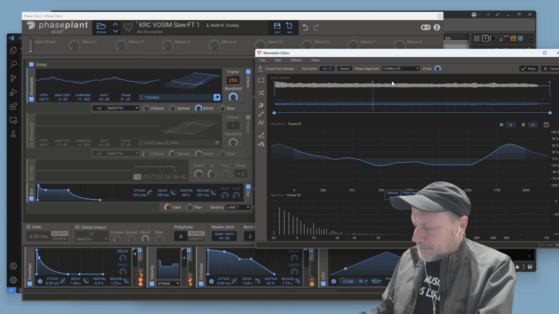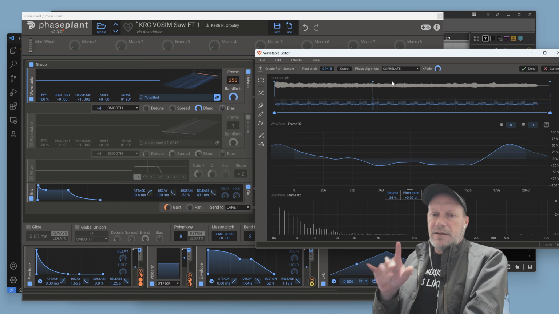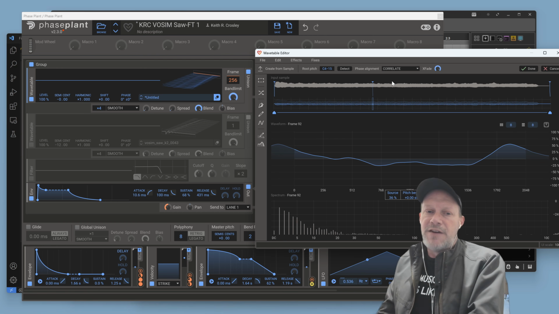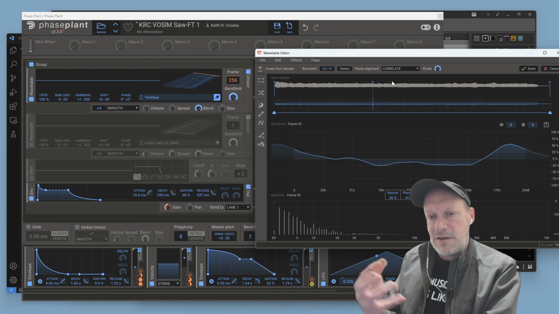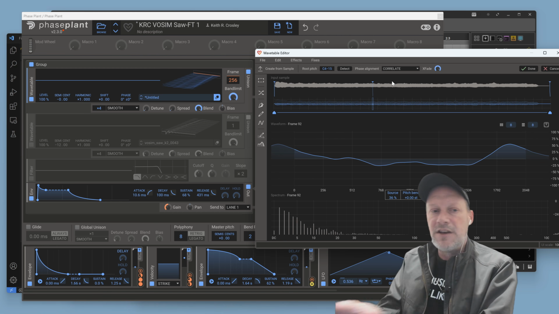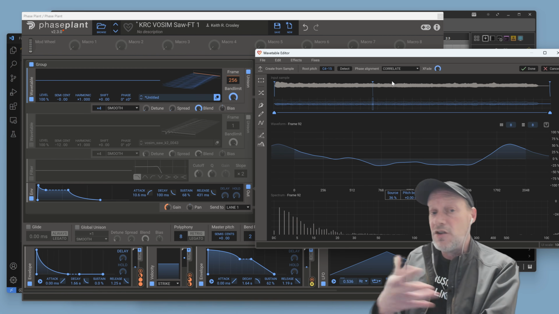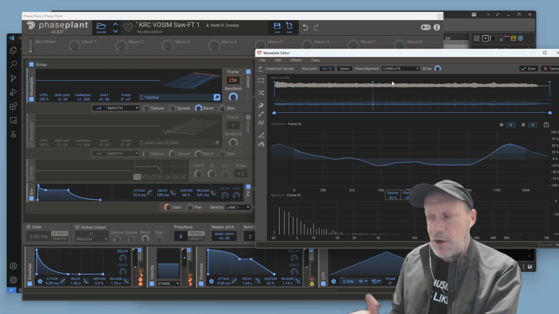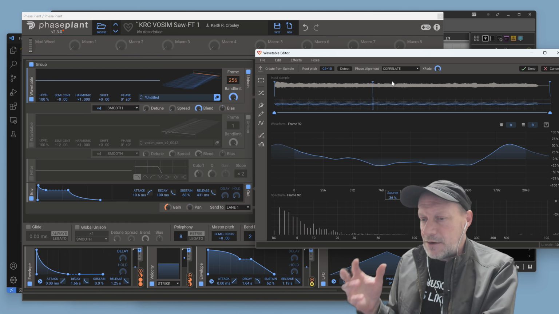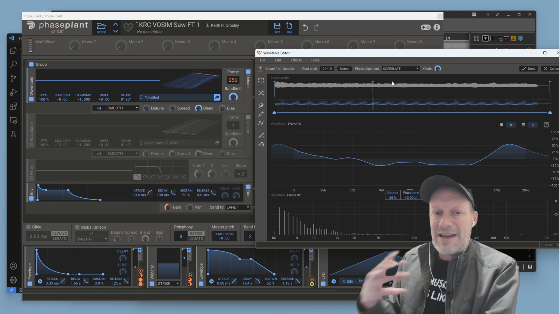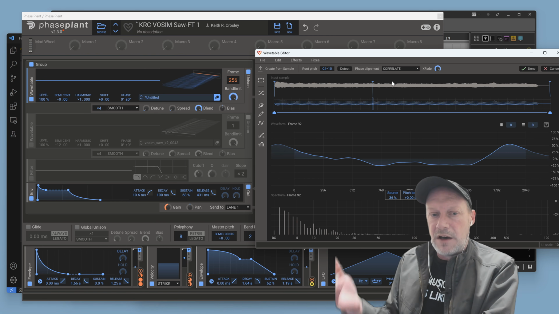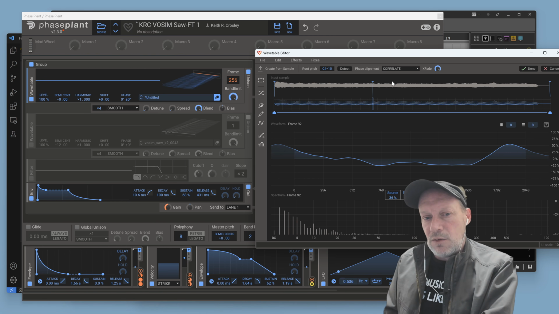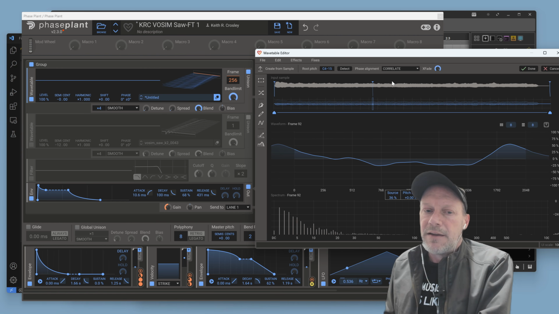And the big problem, beyond the fact that the wavetable representation, even in Phaseplant where you've got 256 frames in the wavetable, is a decimation of the original audio sample and won't preserve all characteristics of it.